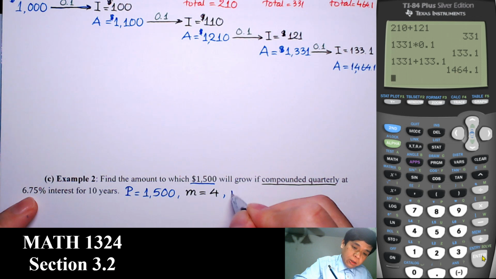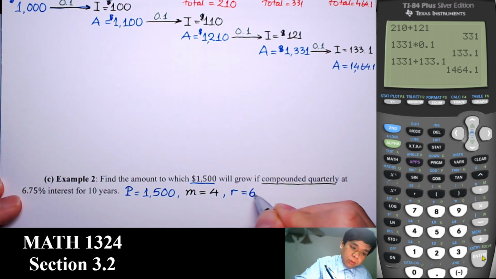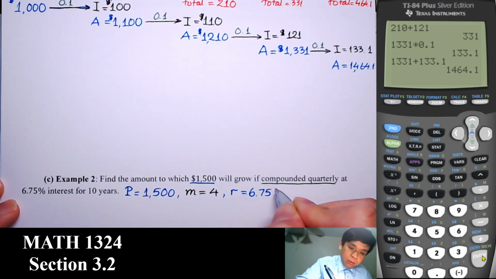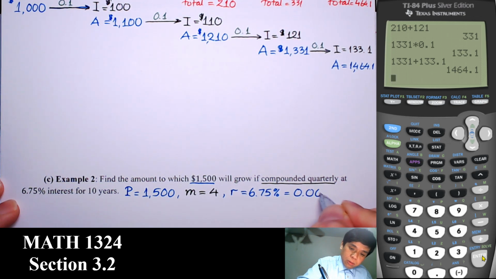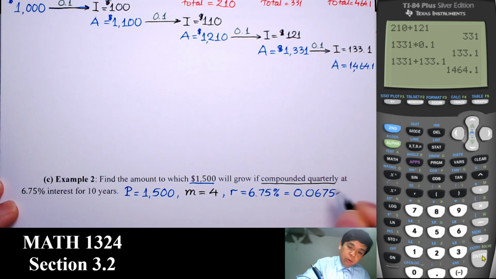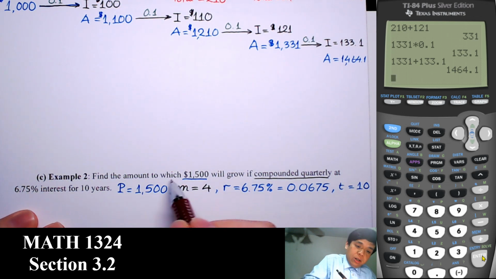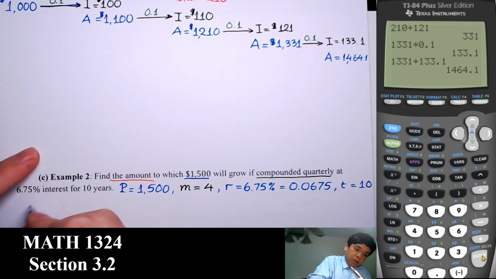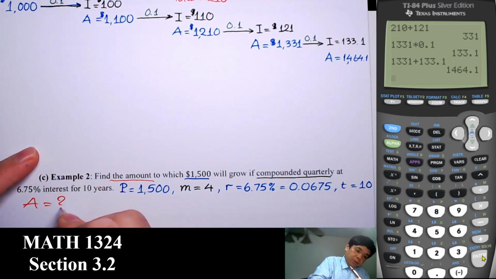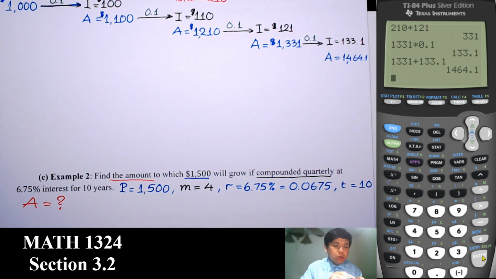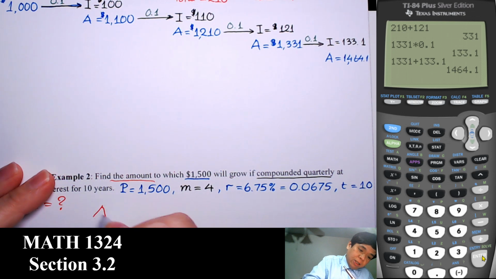The interest rate, for 10 years. And this asks for the amount, so the future value. So just start with the formula.